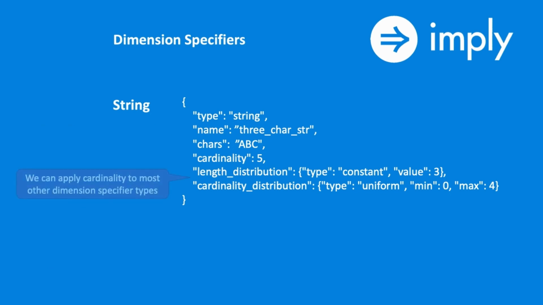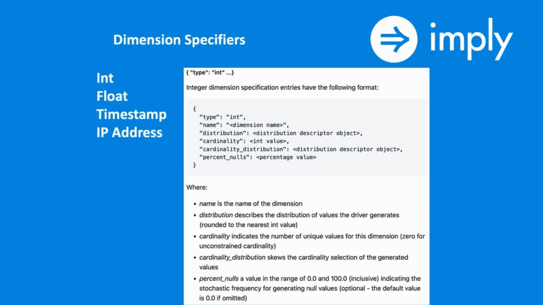We can use this cardinality concept for most of the other dimension specifiers except enums and variables. The int, float, timestamp, and IP address dimension specifier types all select values based on a distribution and include the cardinality and the percentage nulls that we previously discussed.